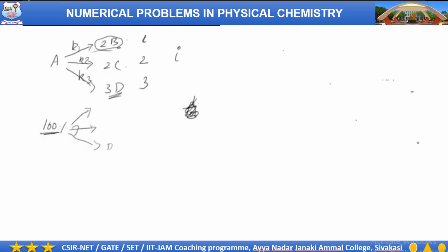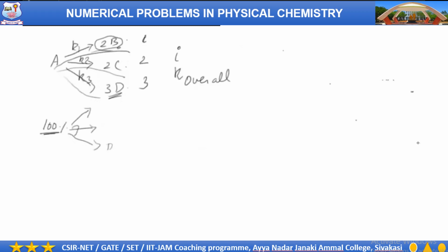And how to calculate how many percent of this would be going, or what fractions go through the first mode of reaction, second mode and third mode, for which you are in need of the overall K value.